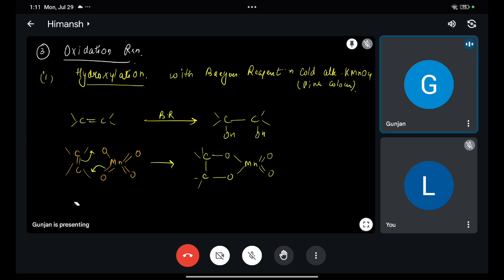Oxygen gives an electron to Mn, Mn donates the electron to oxygen, oxygen donates to carbon, and a double bond is created over here. Is that clear or no?